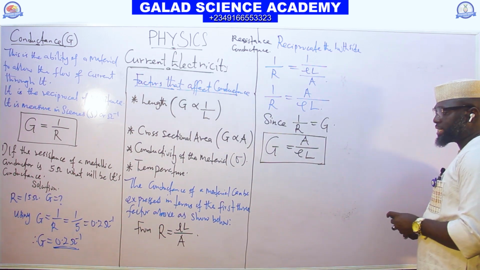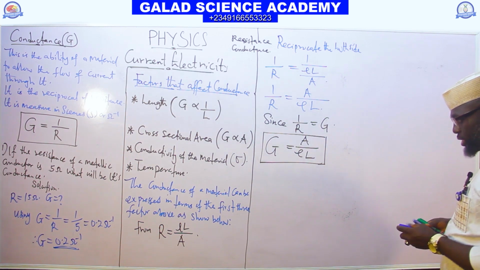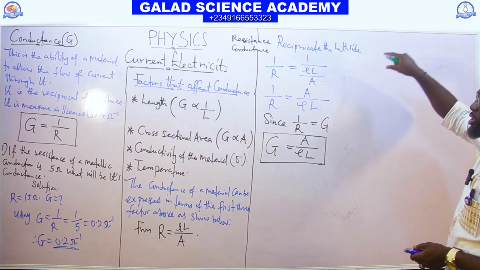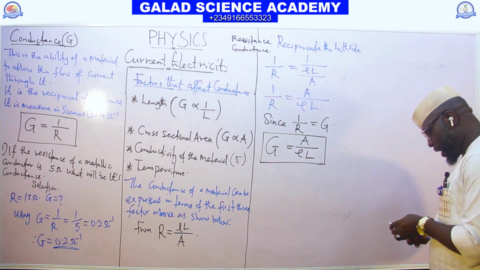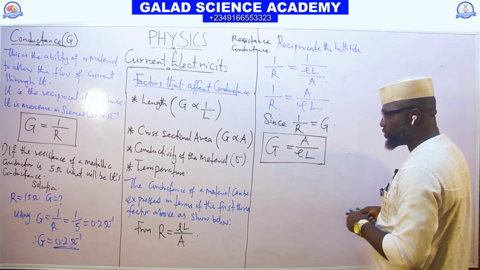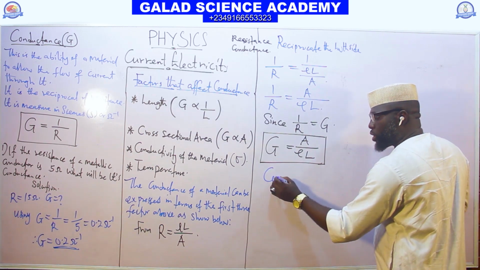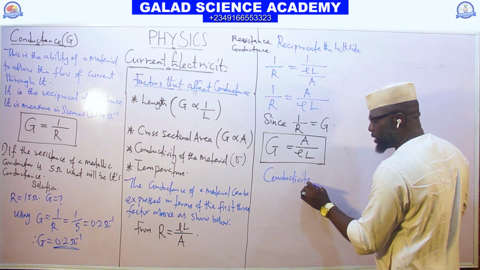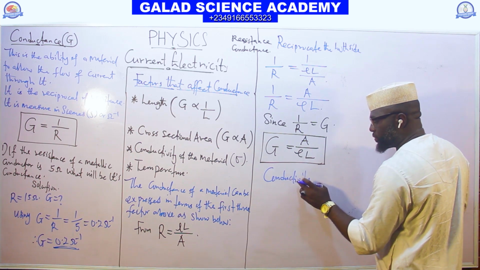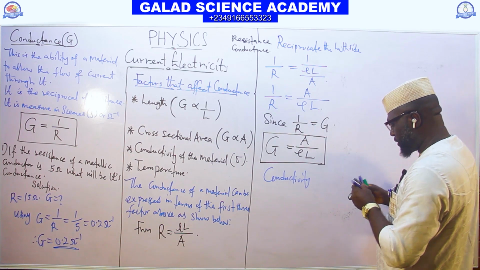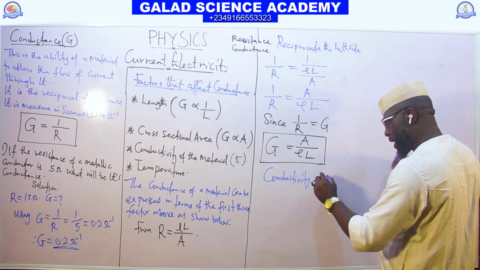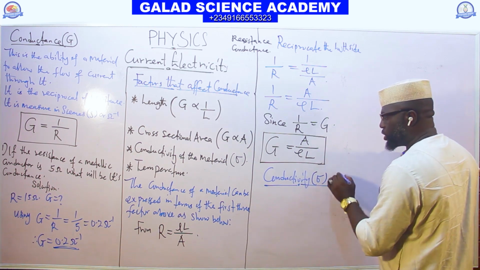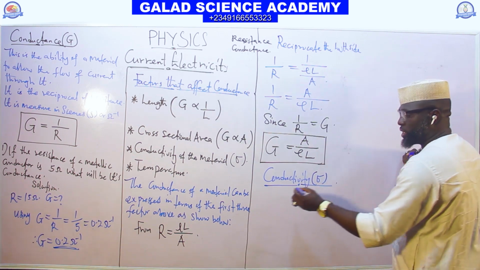And the last thing is, we have resistance and resistivity, so conductance and conductivity. Let me explain conductivity. The conductivity symbol is sigma. What is conductivity?